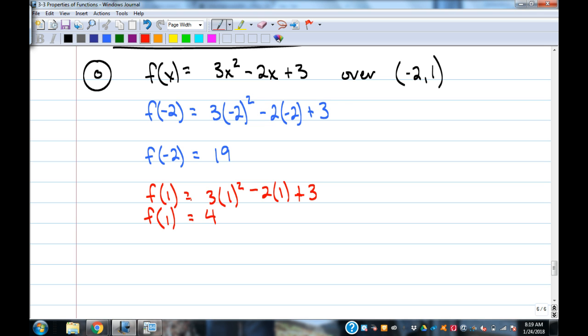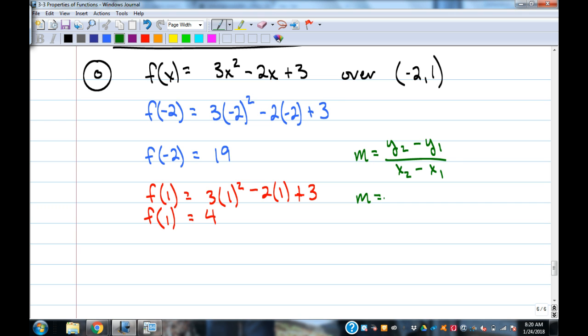F of 1 equals 4. So we have two ordered pairs. How do we find the average rate of change? Well, we can't do that yet. We have to use the slope formula before we can do the y equals mx plus b. We have to do this part first.